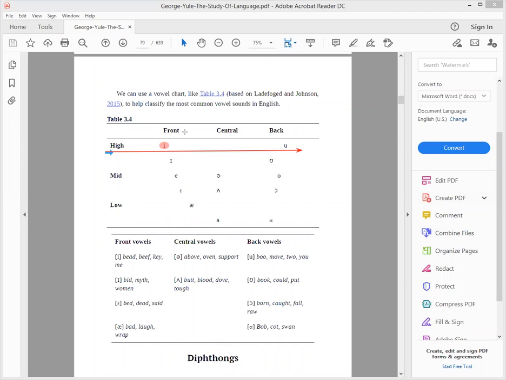And the blue one will be the back of the sound, that is oo sound.